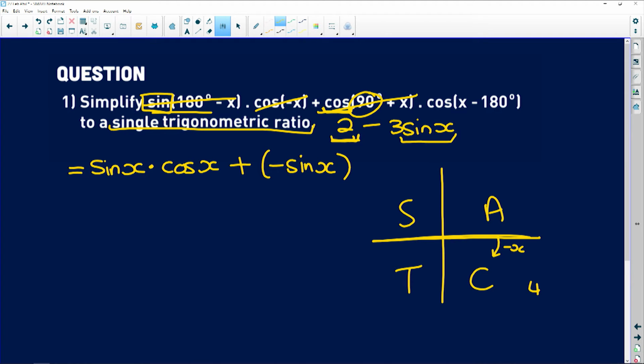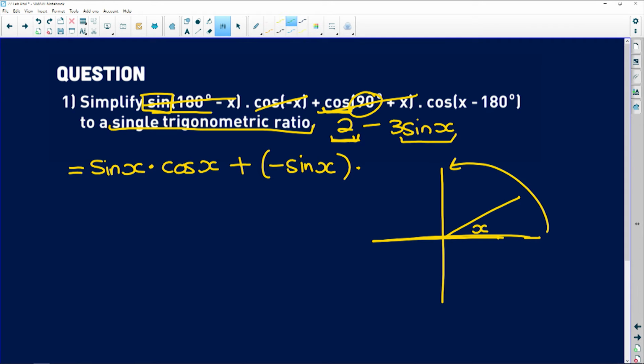And then the last thing that we have to deal with is this cos of x minus 180 degrees. Okay, so what you need to contemplate, guys, if we look at our Cartesian plane, x is always an acute angle, so it will sit somewhere up until 90. So for argument's sake, let's say this is x. Okay, always an acute angle in the first quadrant. If I take x and I subtract 180 degrees, you guys know that angles on a straight line are 180.